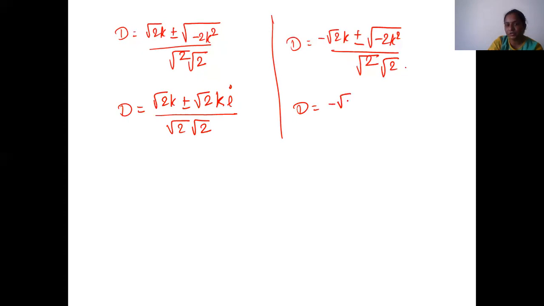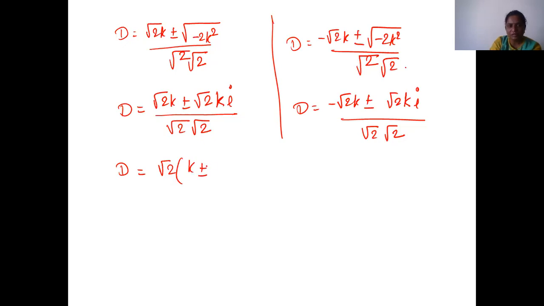From the numerator take root 2 out: k plus minus ki, and here one root 2 gets cancelled.